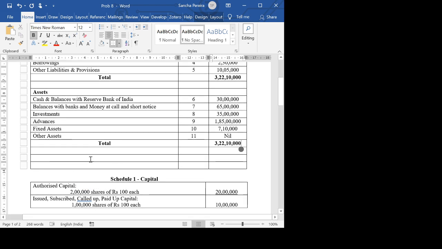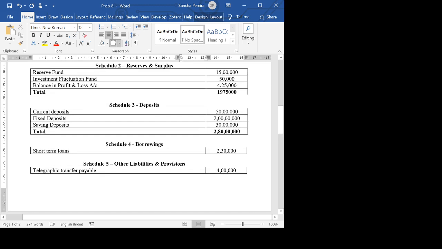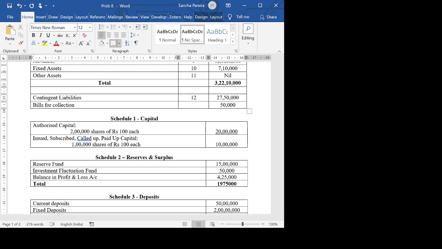We also need to mention our contingent liabilities, which is Schedule 12, and the amount is 27 lakhs 50,000, and bills for collection is 50,000. Okay, so this is how the balance sheet looks. Any questions?